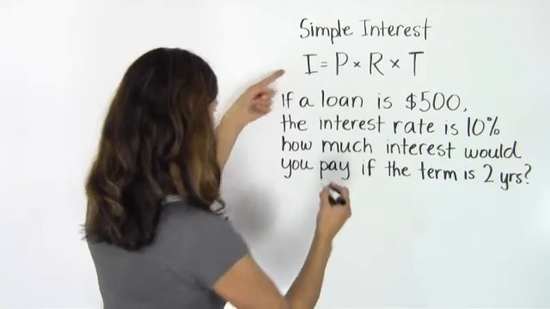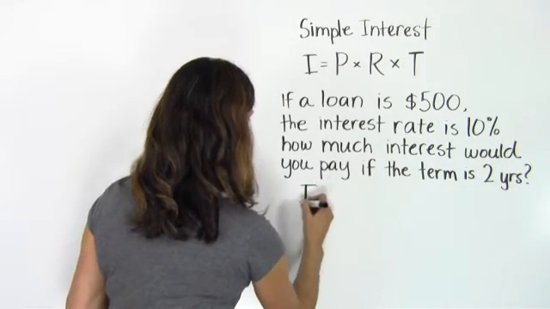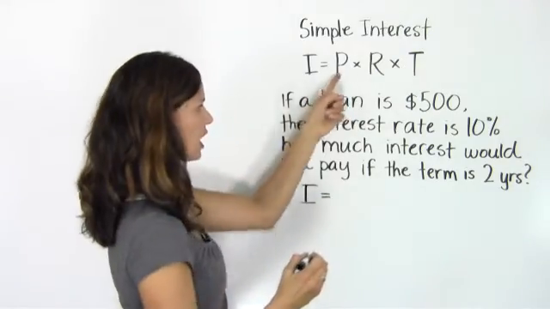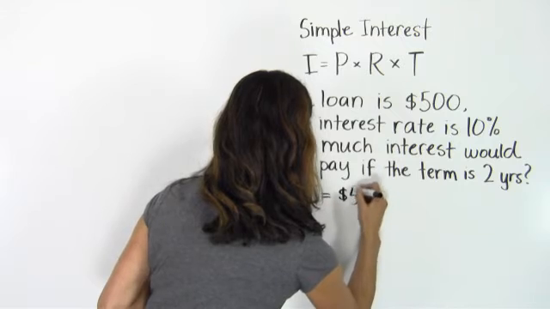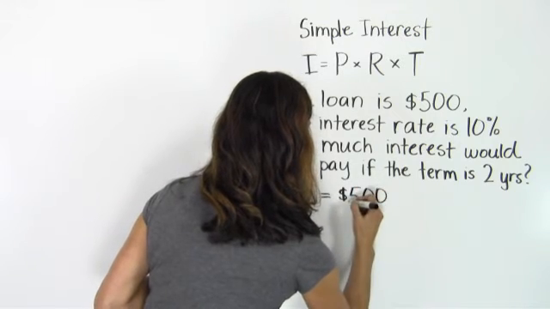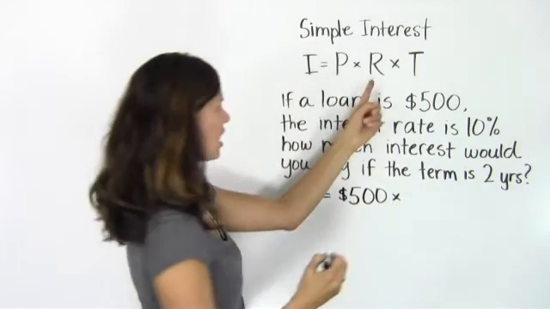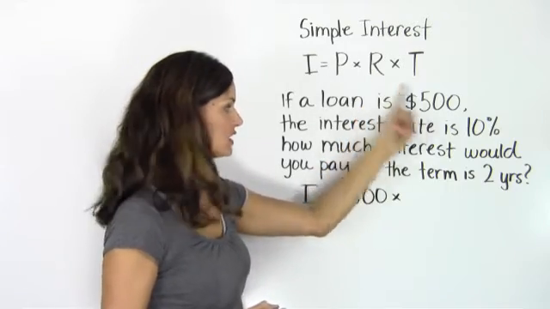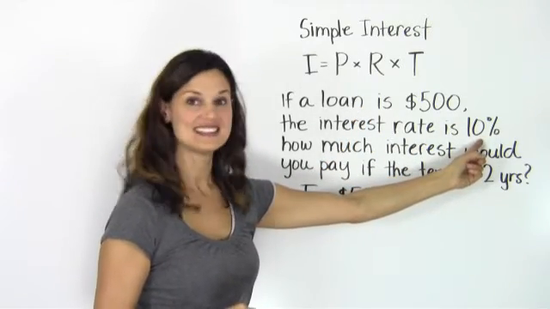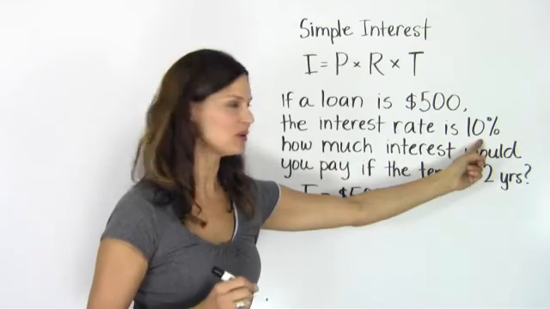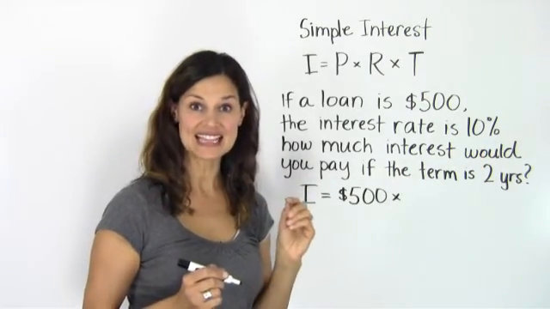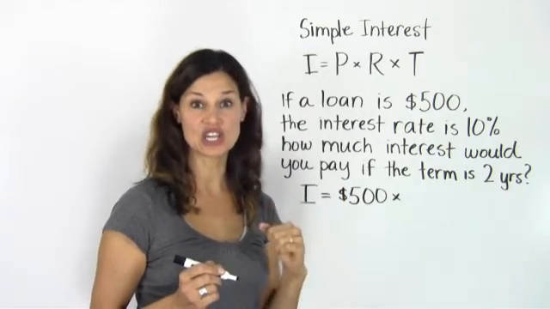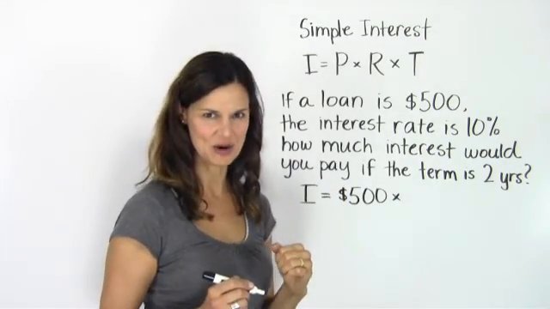So let's look at our formula here. Our interest equals our principal, which is $500, times our interest rate, which is 10% per year. But like we talked about before, we can't leave it in percent. We need to convert it to decimal form.